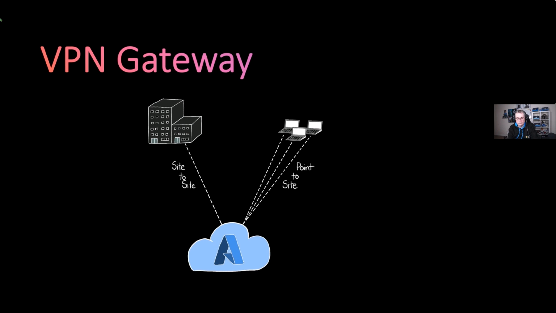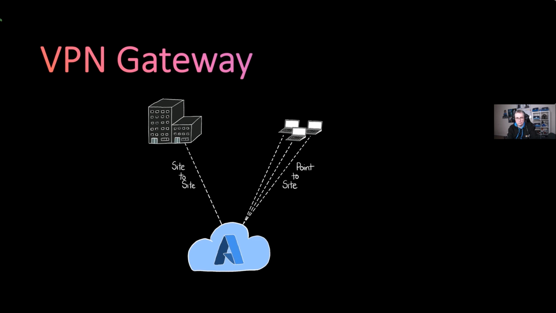The other option is point to site. This is preferred if you've got a distributed workforce. So if you don't have an office, or if your user base is spread across the world and they all work from their own homes, then having a site-to-site VPN is not correct for that. A point-to-site VPN allows a specific device to connect to Azure directly.